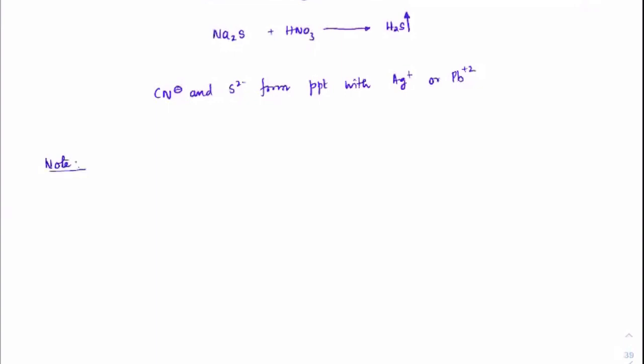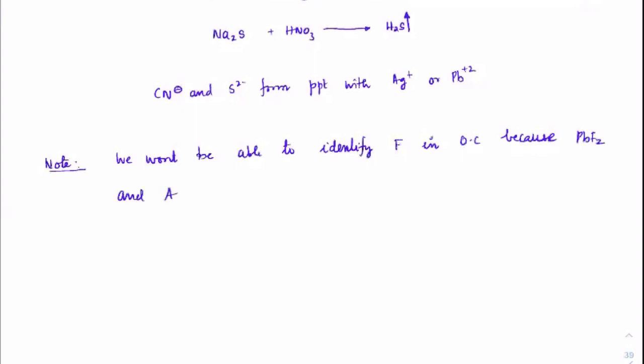We won't be able to identify fluorine, F minus, in an organic compound because PbF2 and AgF are both soluble and colorless solutions.